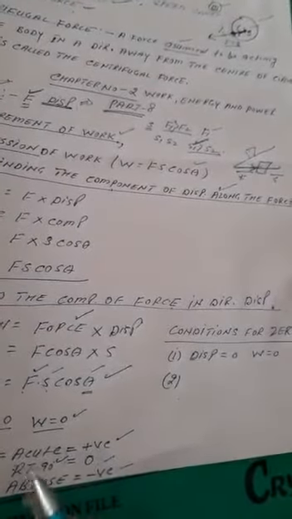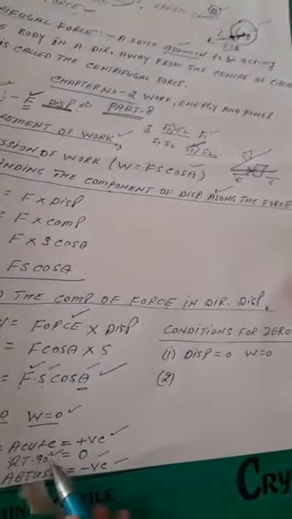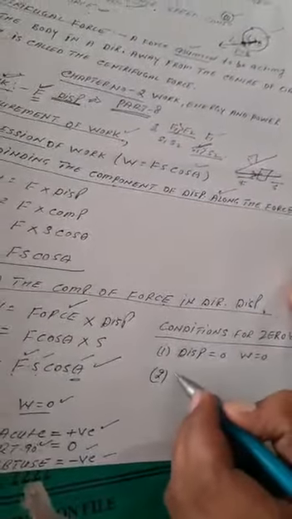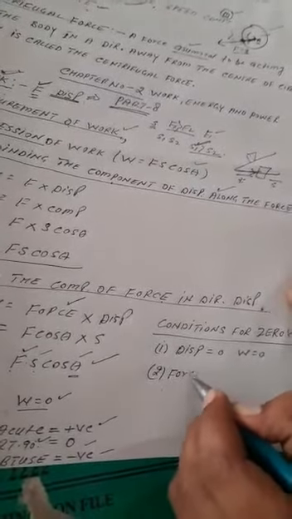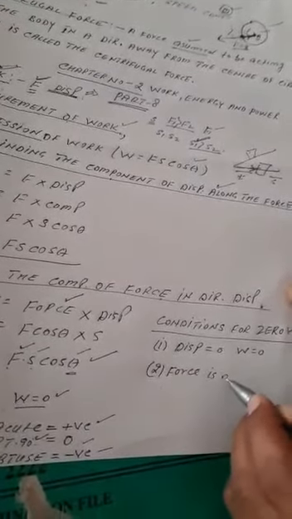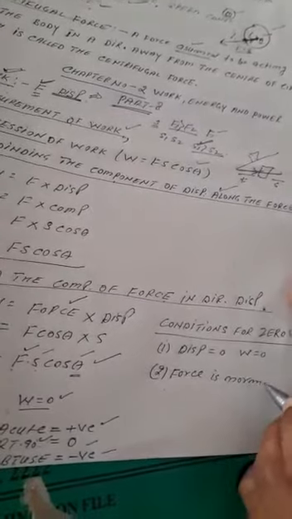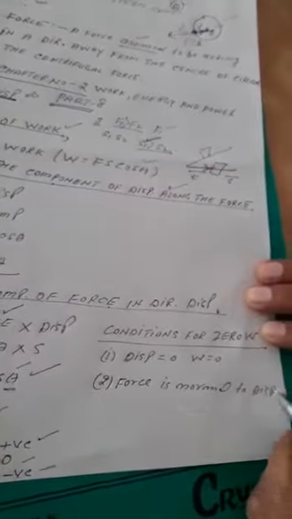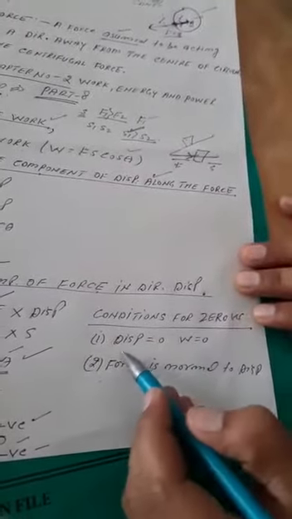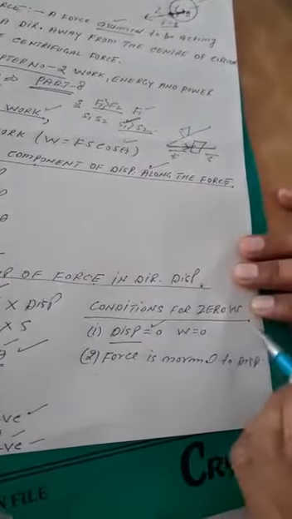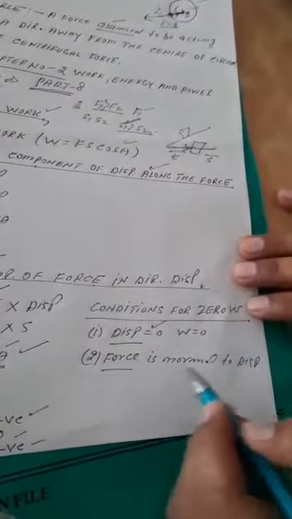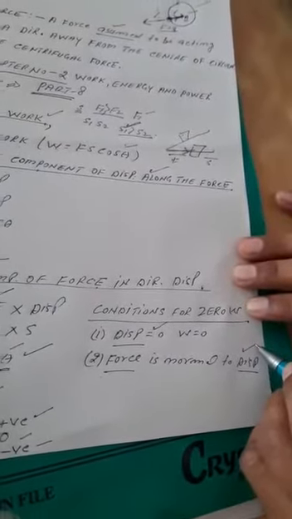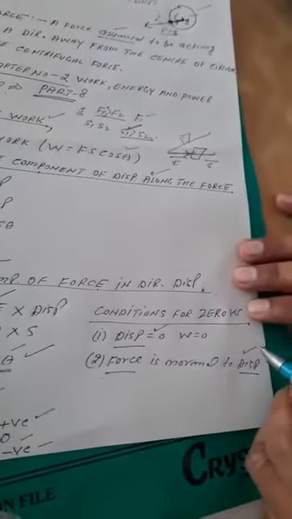If the angle between the force and the displacement is 90 degrees, or you can say if force is normal to the displacement. So there are two conditions for 0 work. One, displacement should be 0. Second, if force is normal to the displacement, in that case also work done will be 0.